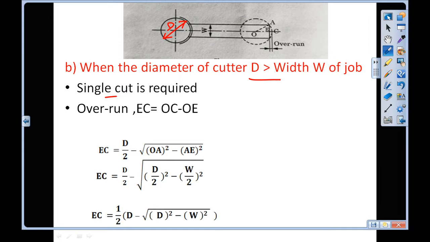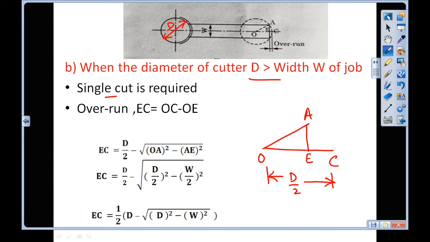Overrun we have to calculate. Here is the figure. This one, O, A, E, C. So we have to calculate this EC. EC is equal to OC minus OE. OC is D by 2.